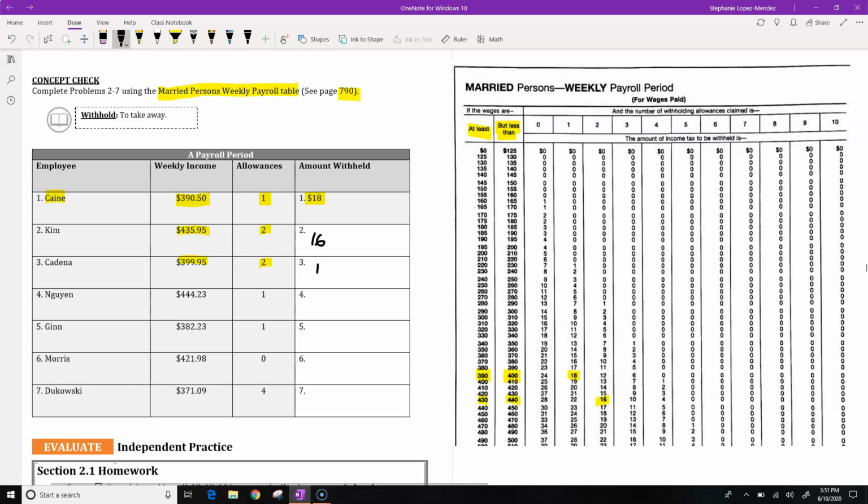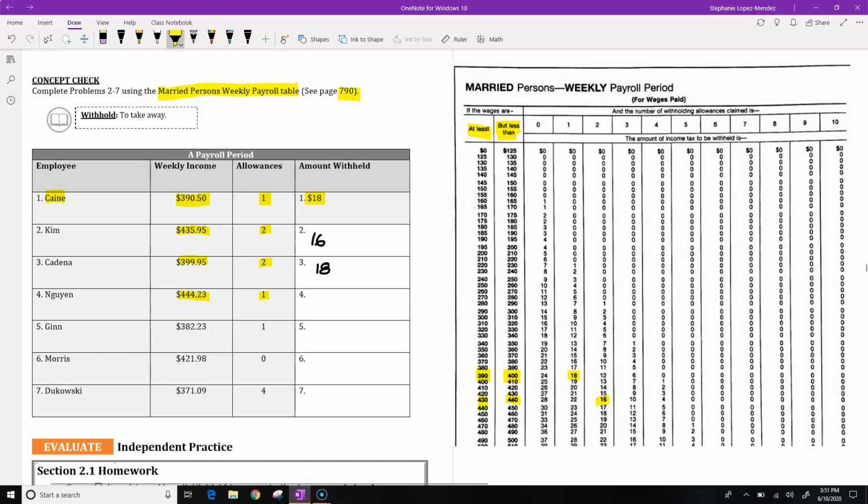Now number 4 for Juan. Weekly income is $444.23 and just one allowance. So I look for a range where I can place 444. I find it here, 440, right?